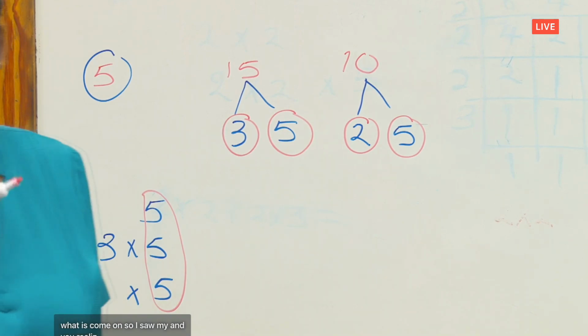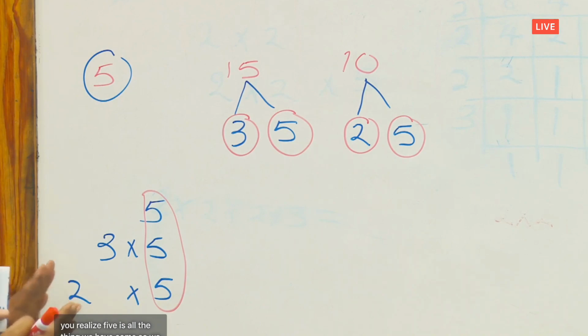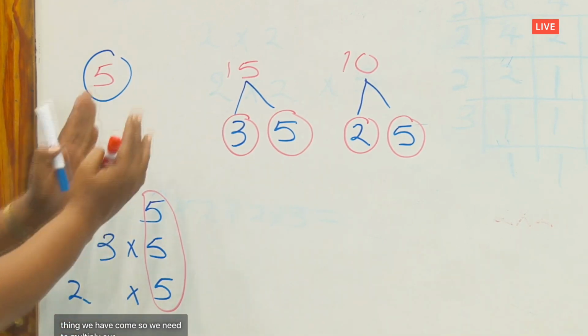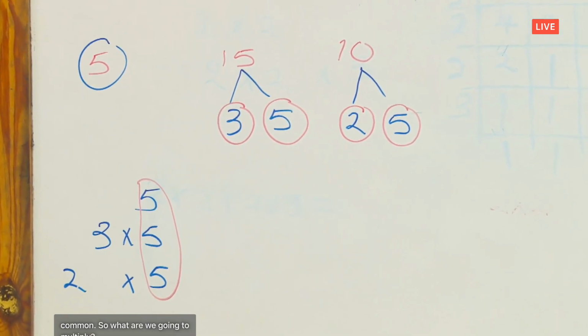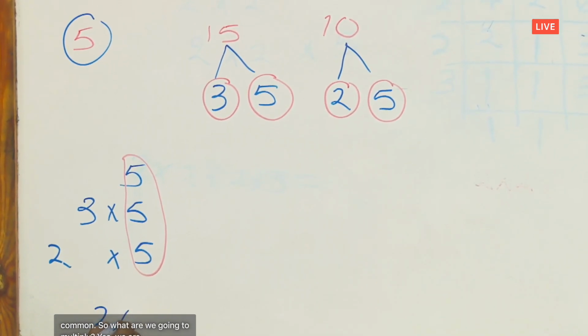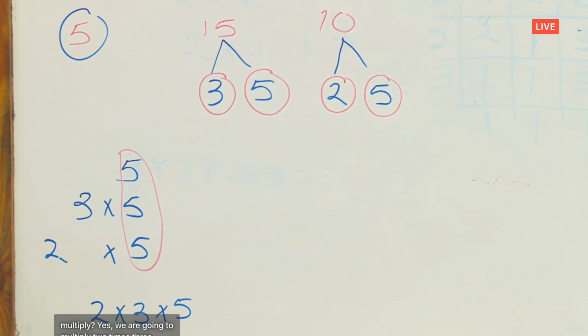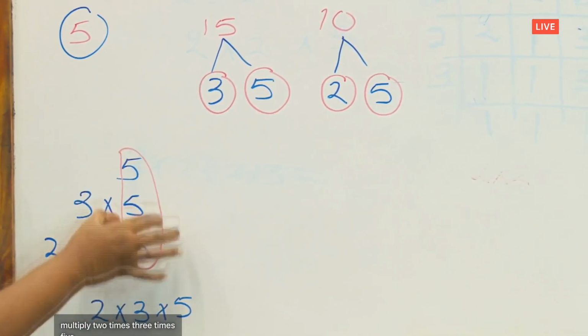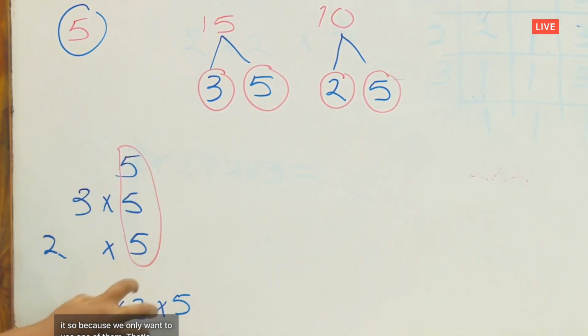Very good. So I circle what is common. So I'll circle my, and you realize 5 is the only thing we have common. So we need to multiply our uncommon by our common. So what are we going to multiply? Yes, so we are going to multiply 2 times 3 times 5.